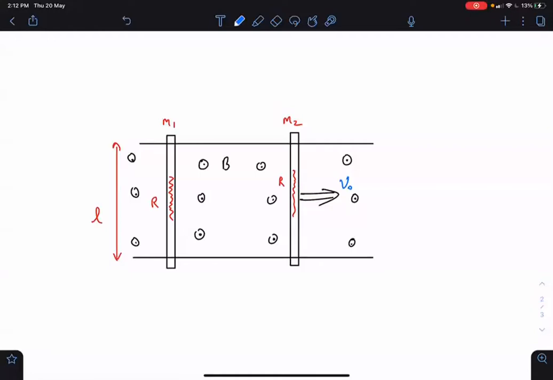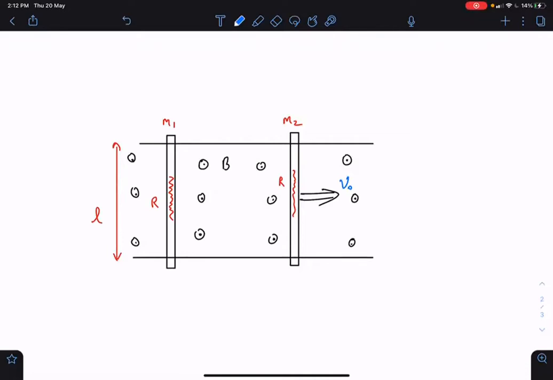After that, it will start moving in the same direction as M2. M2 will also have a force, and you will write the acceleration as dv by dt. Fine, all these things you're saying are fine.